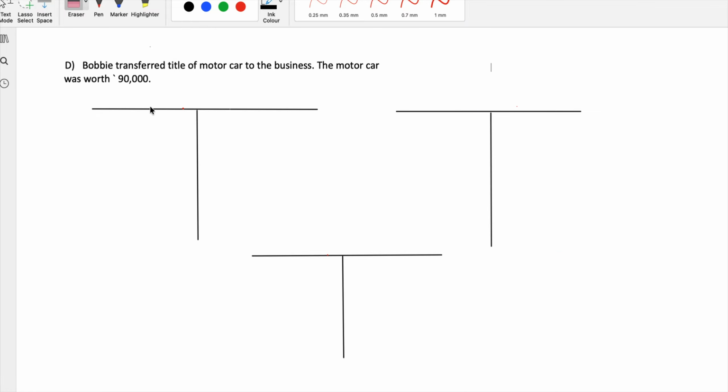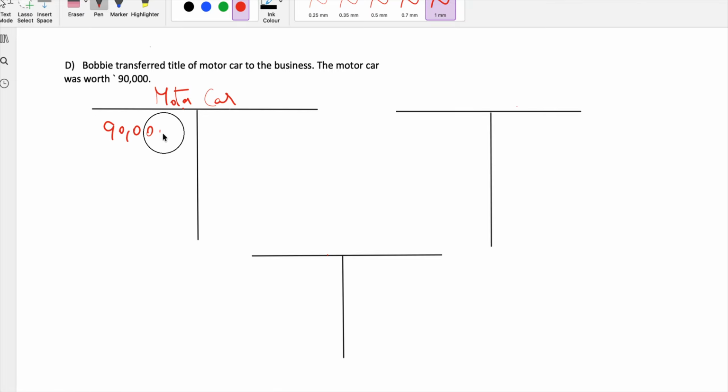Okay. So now it's D. Bobby transferred title of motor car to the business. The motor car is worth 90,000. So Bobby is owner of the business. So what's coming in is motor car worth 90,000.